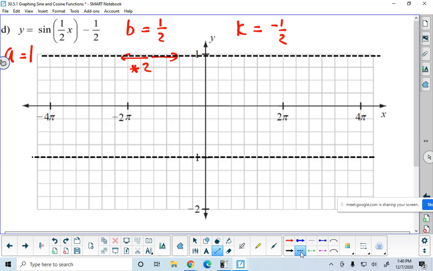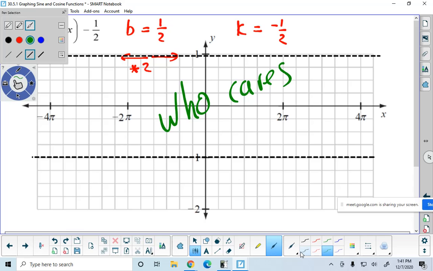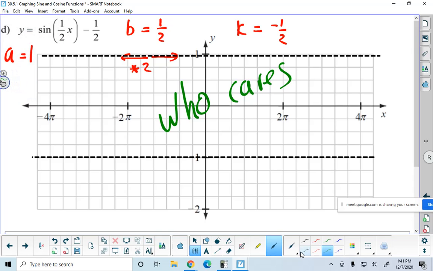But now I'm going to move them down 1/2. For the time being, just for the next 2 or 3 minutes, whatever happens in between the grid lines, who cares? Because whatever happens, it's going to move down 1/2 because of the -1/2.